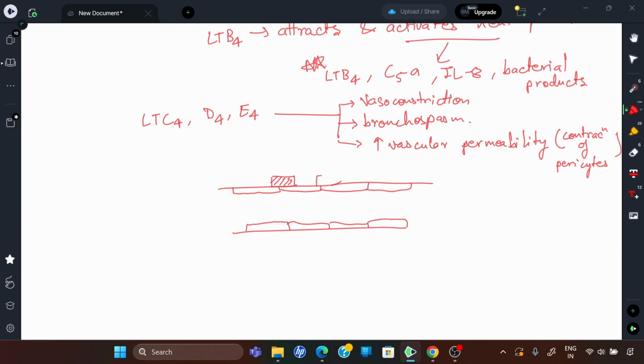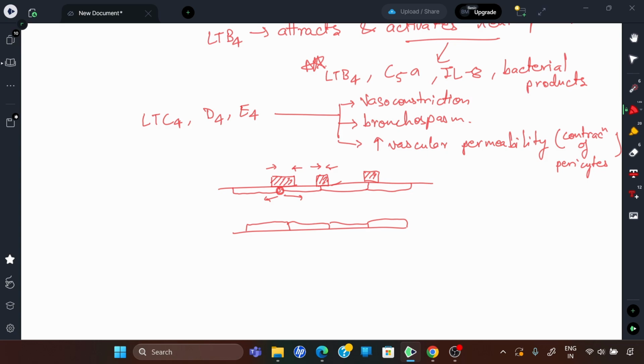What happens is when the pericyte contracts, it basically pulls these endothelial cells apart, resulting in the creation of pores here, right? Due to which we see that the vascular permeability increases.